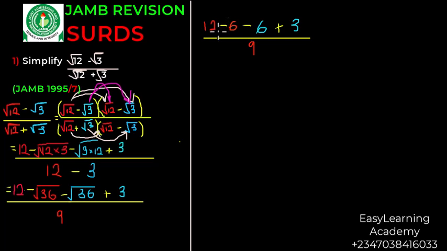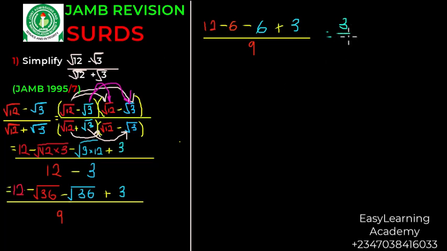All right, so 12 minus 6 is 6. 6 minus 6 is 0. 0 plus 3 will give us 3. So let's have an equal to sign here. That will be 3, and then all over everything that we had there, which was 9, the denominator.